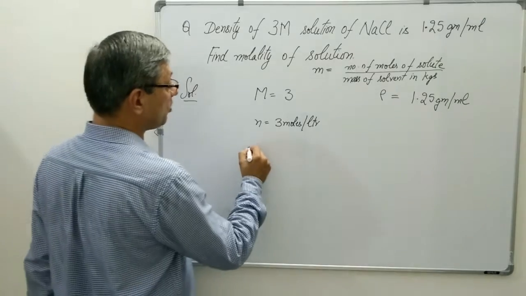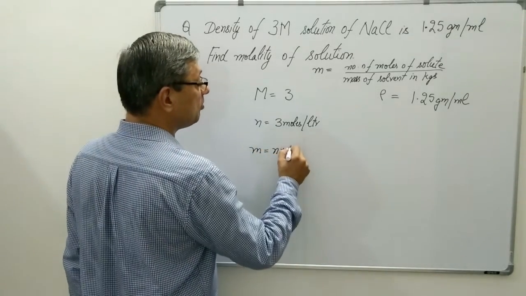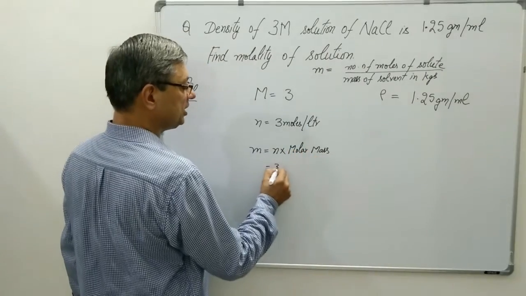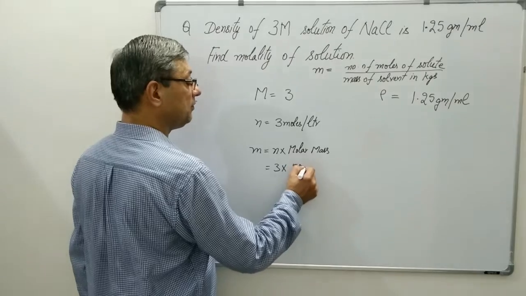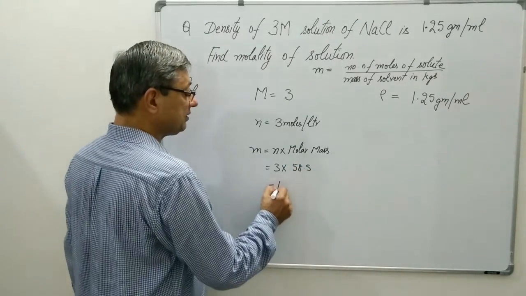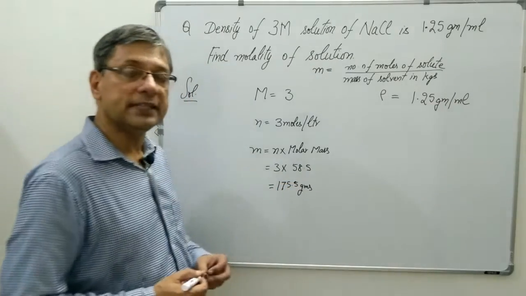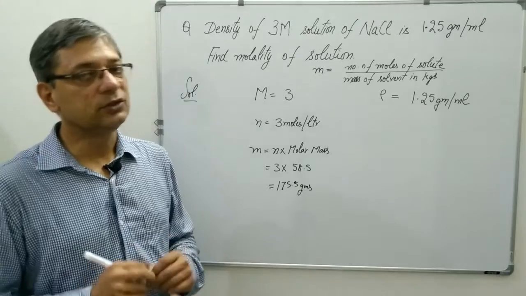So mass of sodium chloride will be equal to number of moles into molar mass of sodium chloride. Number of moles are 3 and molar mass of sodium chloride is 58.5 grams per mole. And on multiplying we get 175.5 grams.